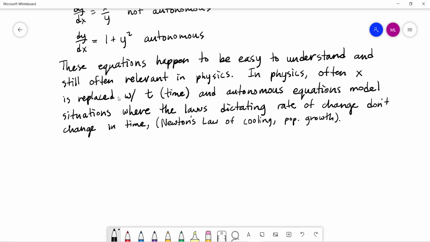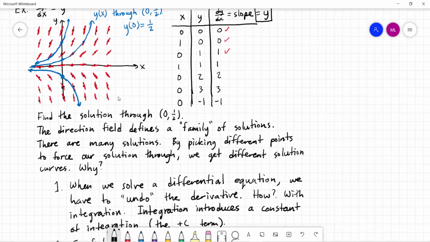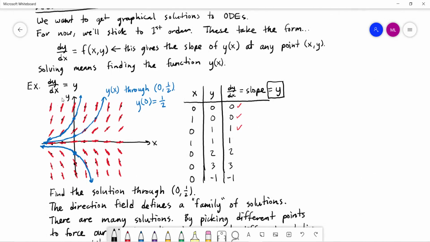So when we're dealing with problems like this, autonomous equations, let me come back up here. Ones like this one right here that we said was autonomous because it only has y dependence on the right-hand side. What you'll see is exactly what I mentioned when we were working on this problem.